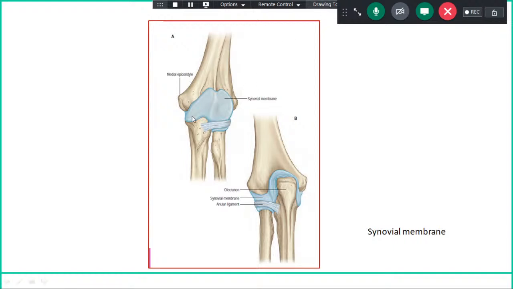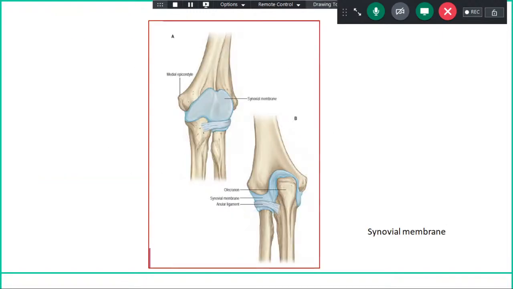Here you can see the synovial membrane along this part, and some part of the synovial membrane is extending beyond the annular ligament. So this is the attachment of the capsular ligament; the capsule is lined by the synovial membrane.